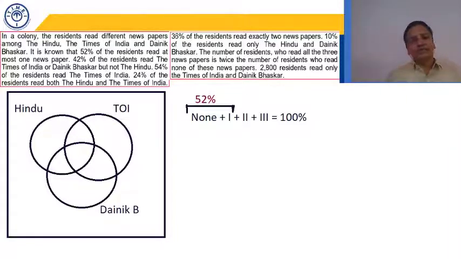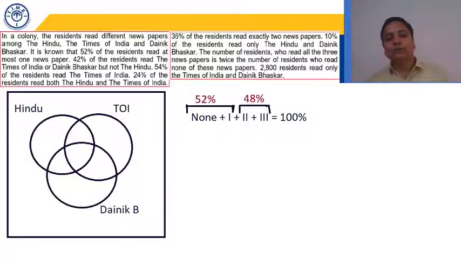Exactly 2 plus exactly 3. Now the sum of all the 4 is 100%. None plus exactly 1 is 52% given. Can we safely infer that exactly 2 plus exactly 3 is 48%? What should we add to 52 to get 100? 52 plus 48 is 100%. So we'll be filling two things, the diagrams also, and this premise also.